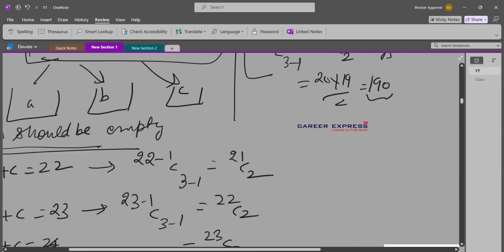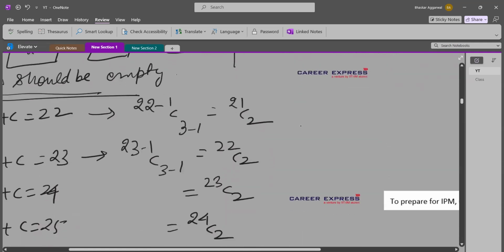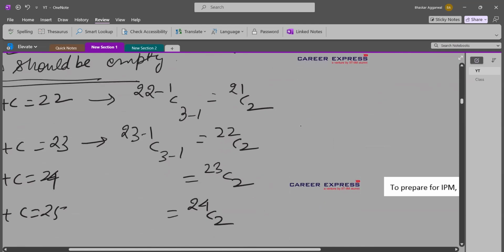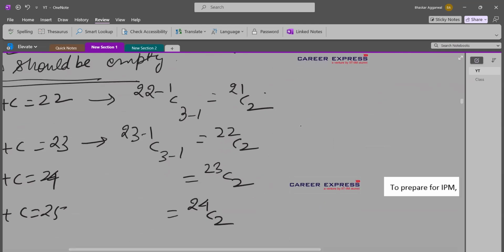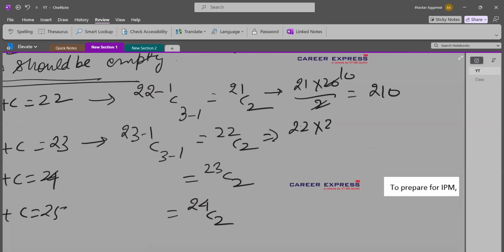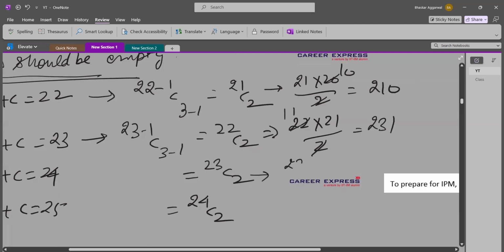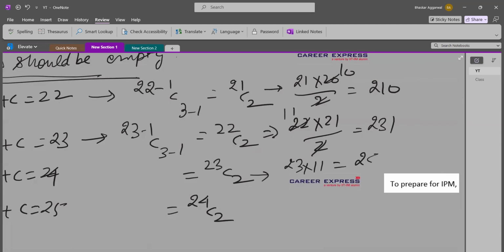So starting from 20C2, which was 190, we get all the answers up to 24C2, and we have to add all of them. 21C2 is 21 into 20 by 2, so that will be 210. Next, 22 into 21 by 2 is 21 into 11, so 210 plus 21, 231. Next is 23C2: 23 into 11 is 230 plus 23, 253.